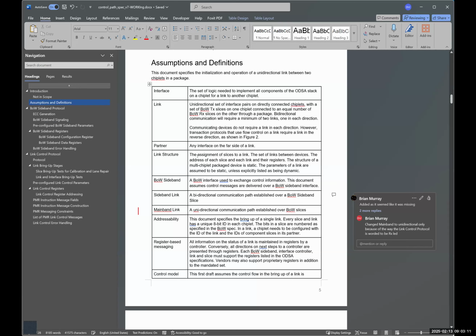So we have this thing where you're assigning slices to a link, links between devices.